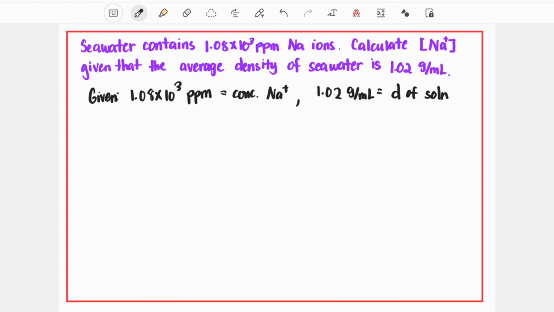I'll just call seawater solution. We need to find the molar concentration of sodium ions, which is the moles of sodium ions per liter of solution.